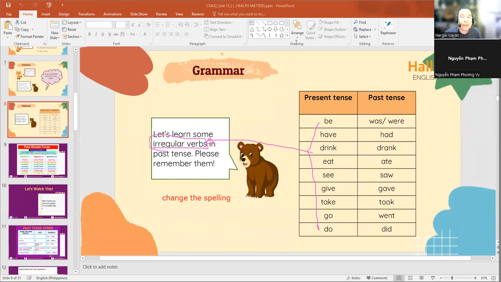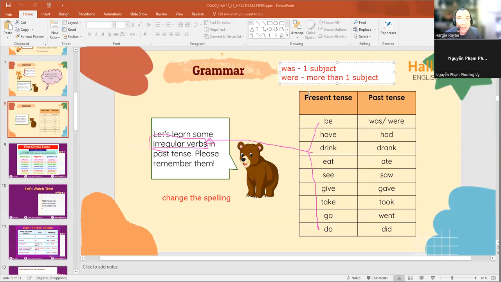Now, when do we use was? We use was if we are talking of one subject in the past. We use were if we are talking of more than one subject that happens in the past.